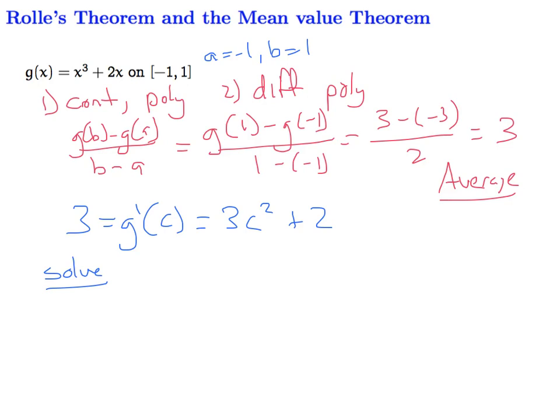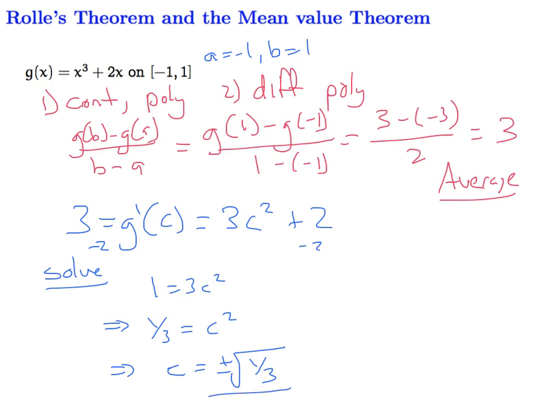By subtracting 2 from both sides, we end up with 1 is equal to 3c squared, which means 1/3 is equal to c squared, which means c is equal to plus or minus the square root of 1 over 3. These are going to be our answers because they both are on that interval between -1 and 1.